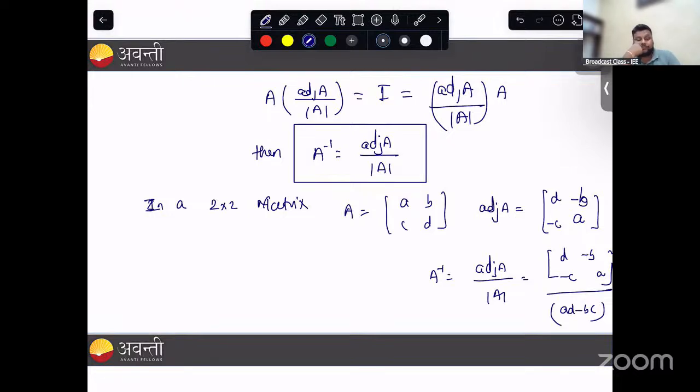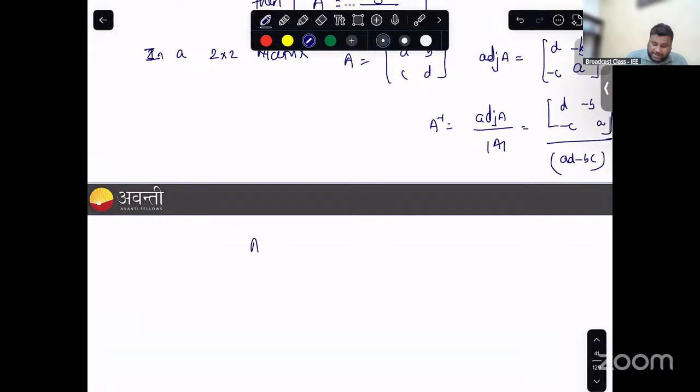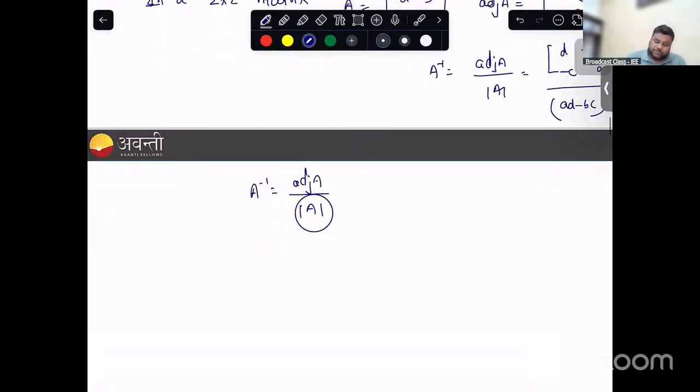All right. Now see, A inverse is adjoint A upon determinant of A. Now, if this quantity goes to 0, you can never find the inverse. Yes or no? So determinant of A should be non-zero for the matrix to be invertible.